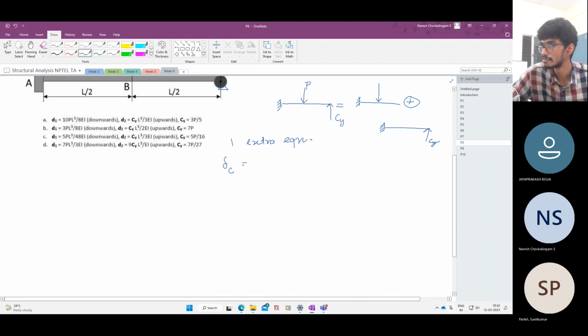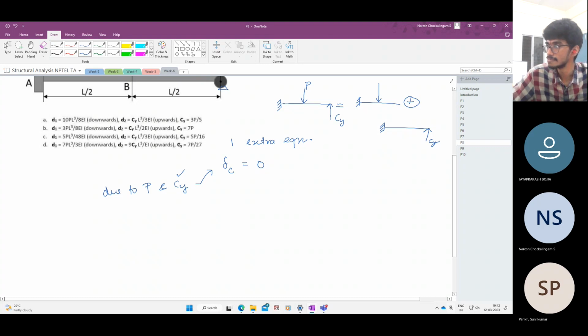Delta C is equal to 0. The displacement of the point C due to the combined action of P and unknown Cy, because of this, delta C should be equal to 0. So the Cy that obeys this is kinematically admissible as well as statically admissible. So it is a solution to our structural analysis problem.